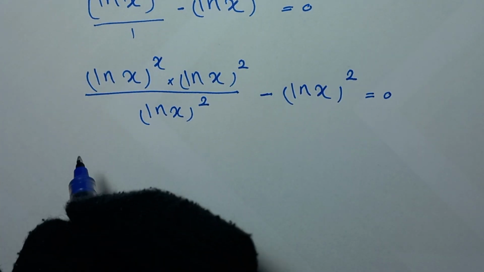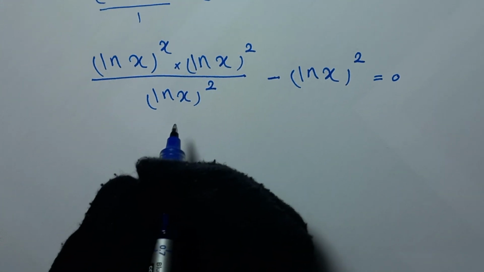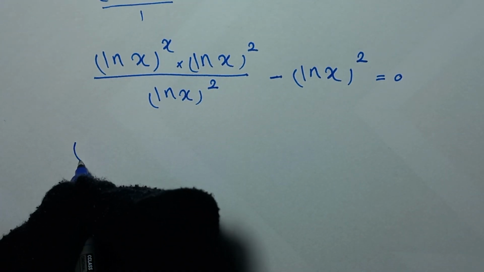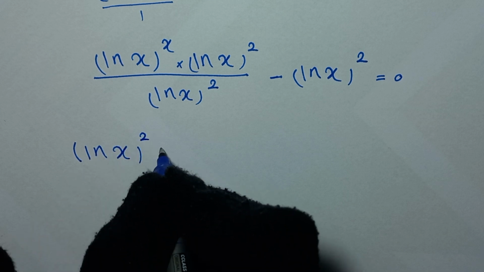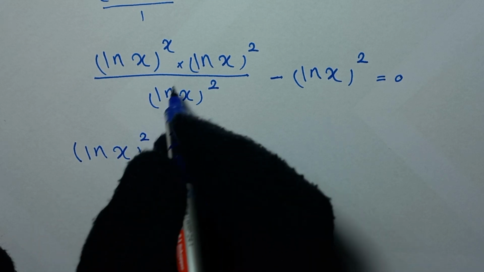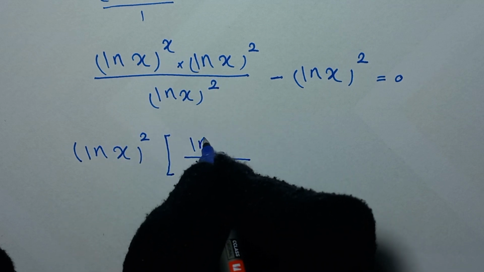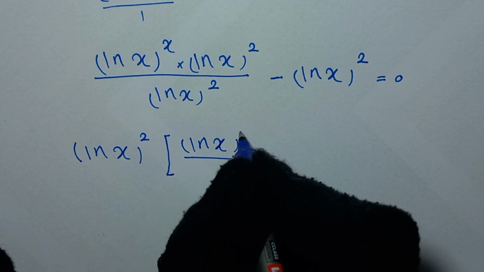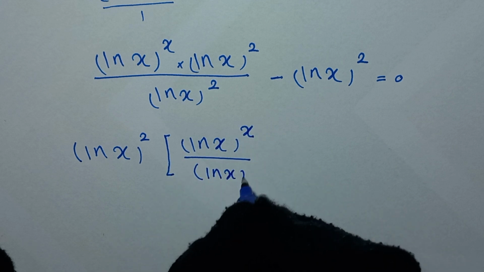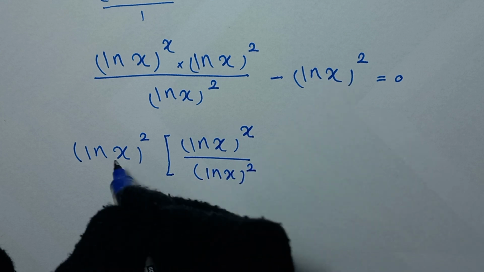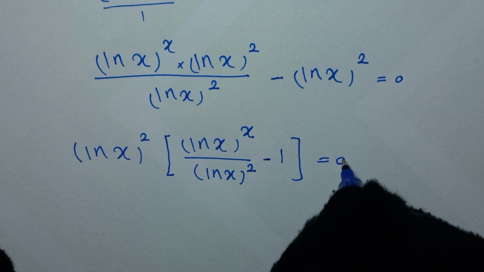And in the next step, we factor (ln x)^2. So it will be (ln x)^2 times [(ln x)^x over (ln x)^2, and this divided by this, it will be negative 1] is equal to 0.